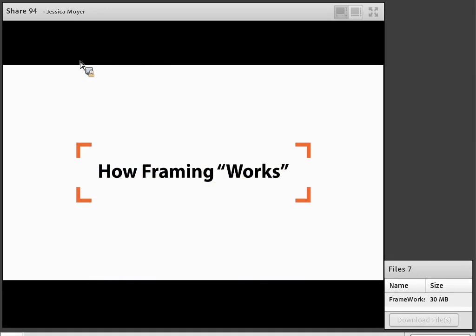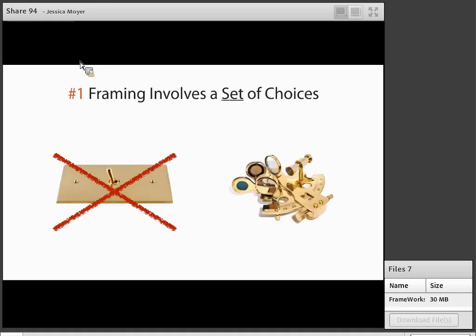And I've been using the word framing a lot. I'm going to take a step back and just describe what we mean when we use the word framing. Basically, we're talking about all the different choices that we make as communicators, not in terms of the content of our message. It's not about what it is that you want to say.